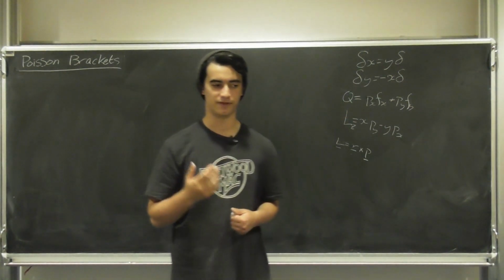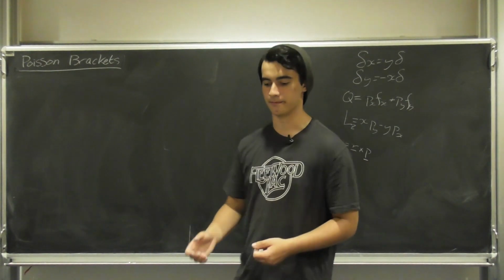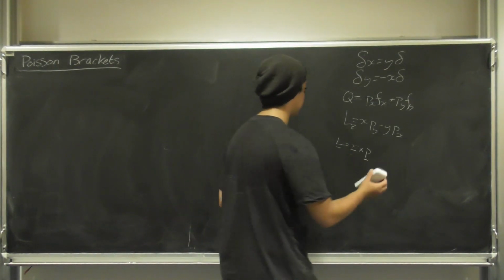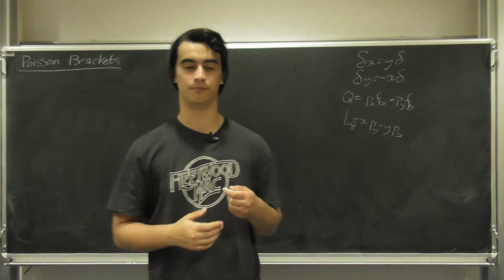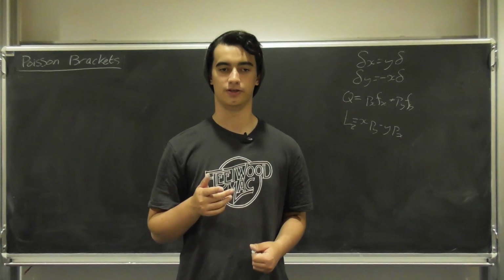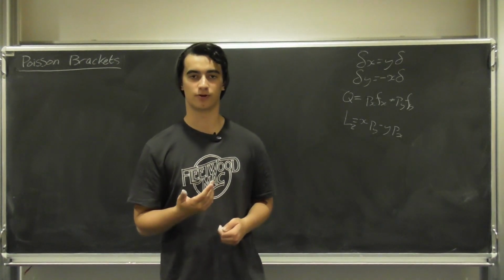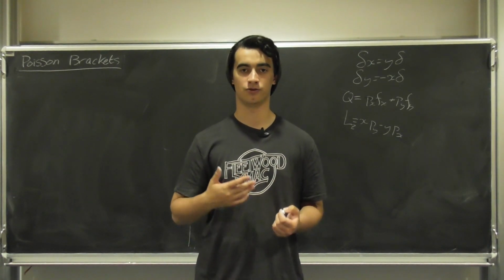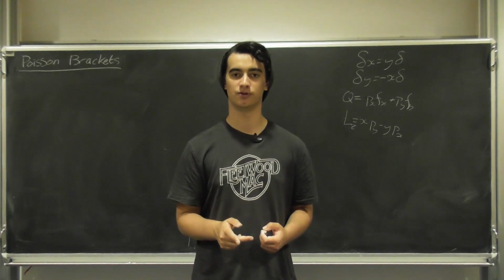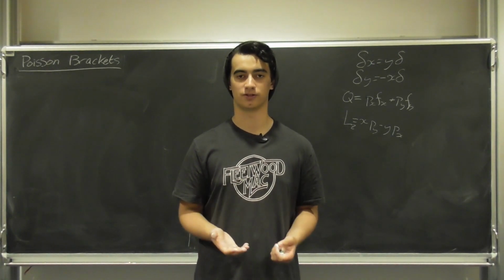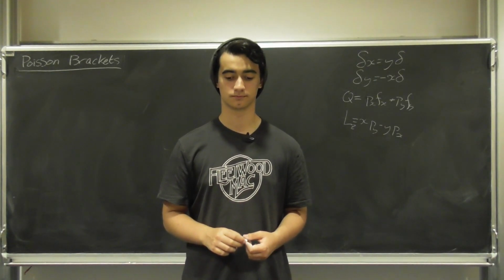And what this basically means is that the angular momentum vector will be perpendicular to the position vector and the momentum vector. So that's what a cross product does in a 3D graphical sense: it takes two vectors as an input and will shoot out a third vector that is perpendicular to both of the original vectors.